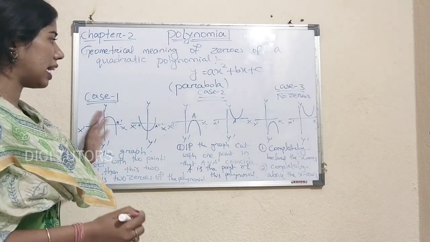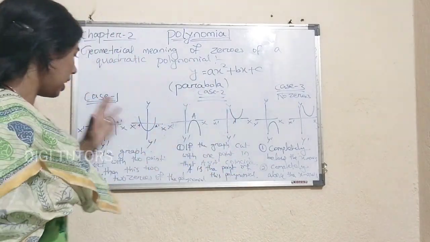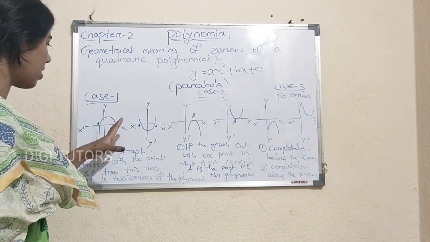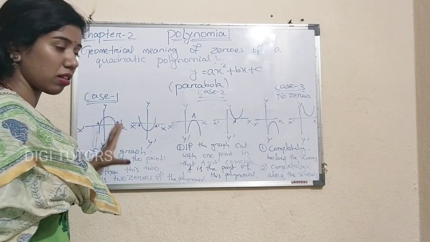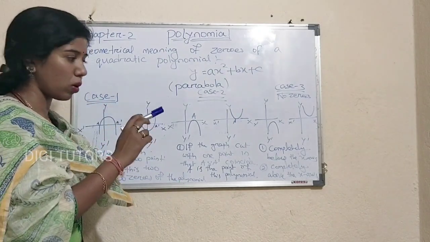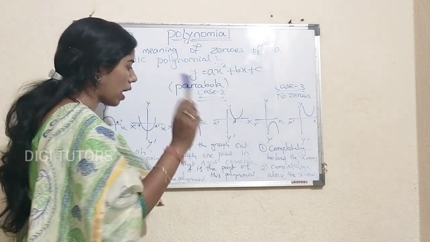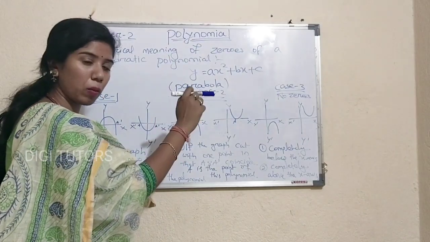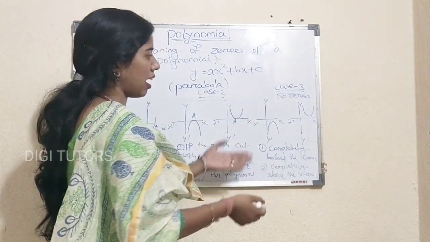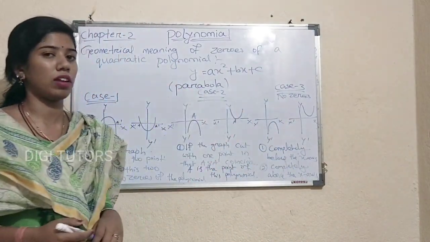So in the 3 cases there are different types of points. In the first case there are 2 points, A and A dash, which intersect the x-axis, so A and A dash are the zeros of this quadratic polynomial. In the second case the 2 points coincide, so only 1 point is the zero. In the third case the parabola is completely below the axis or completely above the axis, so there are no zeros at all.